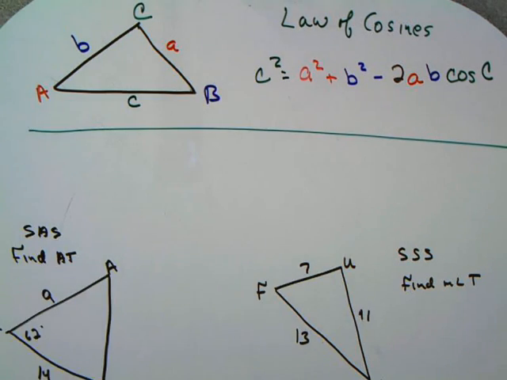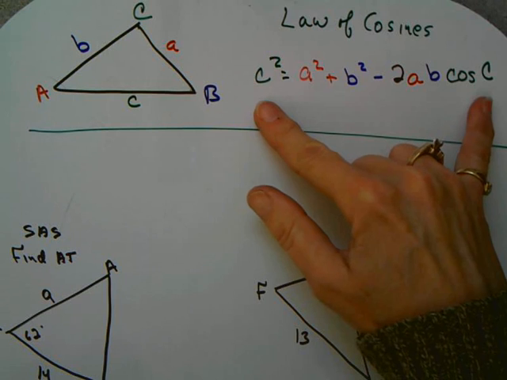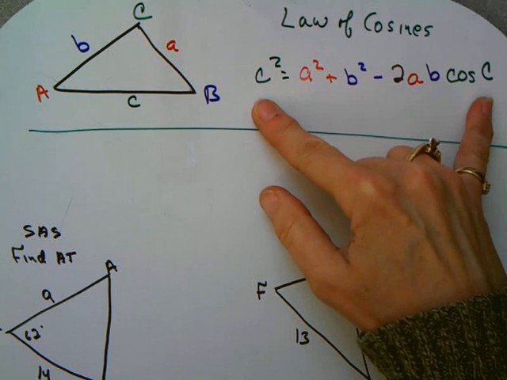Okay? So C squared, it looks like a big deal, but it's really not once you figure out an angle and a side that are across from each other.